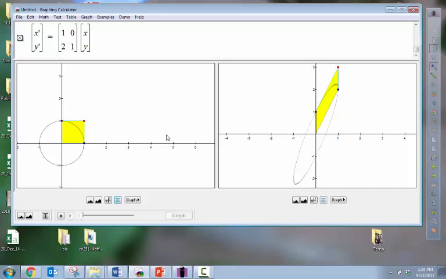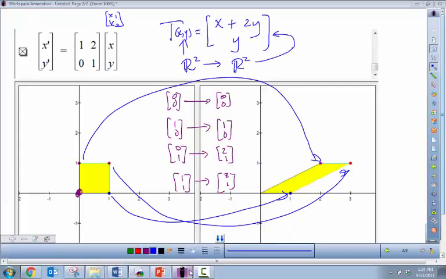What we can do is go back to our list of points here, and I think if we know what happens to 2 of these points, then we can get a handle on what is happening everywhere else.